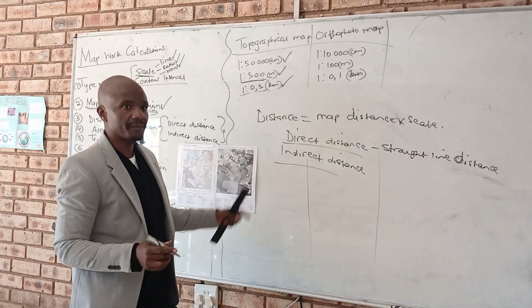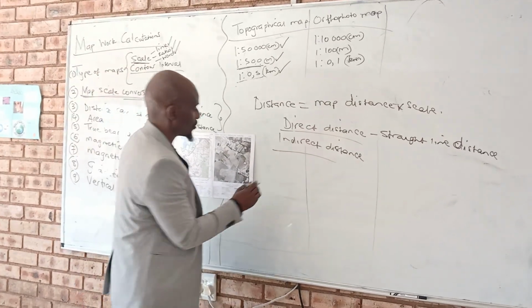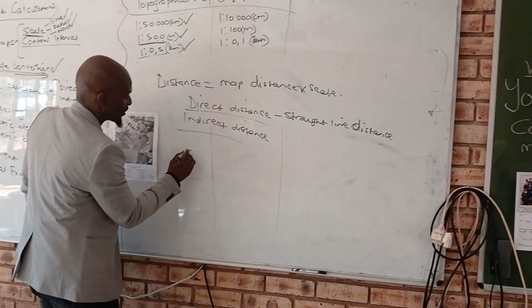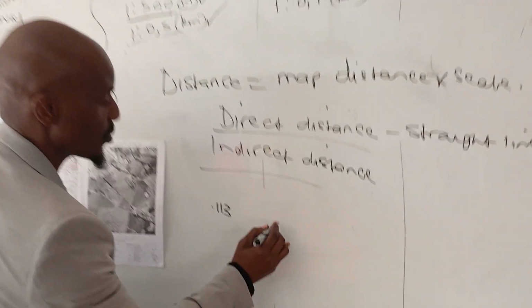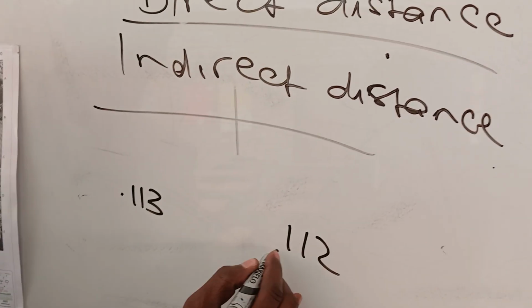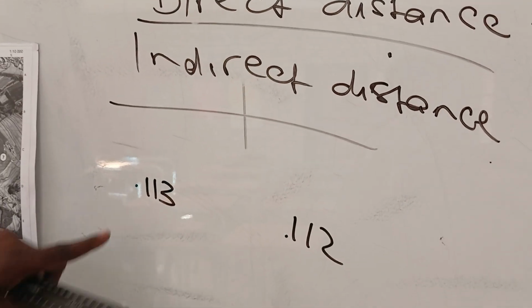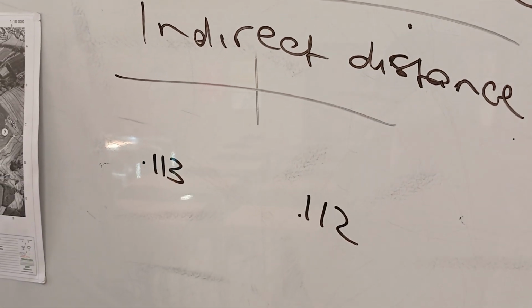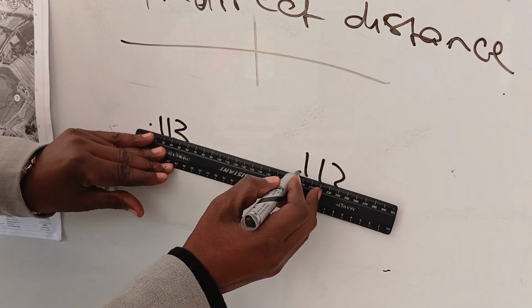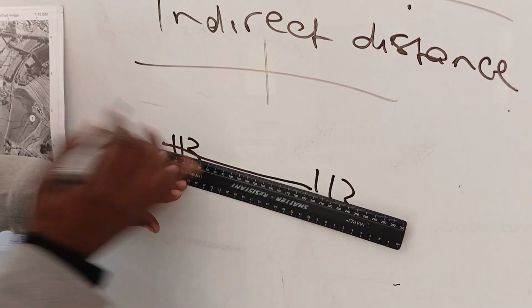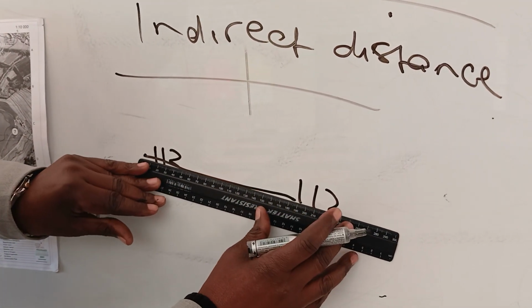Like for example, you can be asked to measure the distance between spot height 113 and spot height 112. Which means the only thing that you need to do is to connect the 2 points. I'm just going to connect it here. Then you use your ruler to measure the distance.